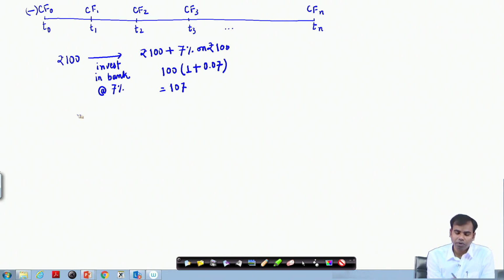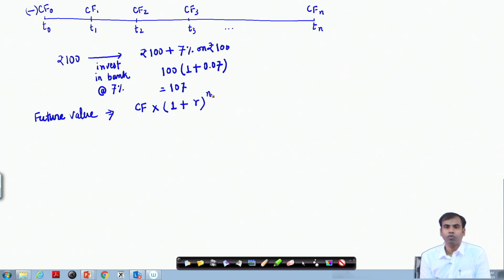So, if it is future value, that is defined as cash flow into 1 plus, let us say r, that is the rate of interest here, and then the time, which is the period you have invested the money for.